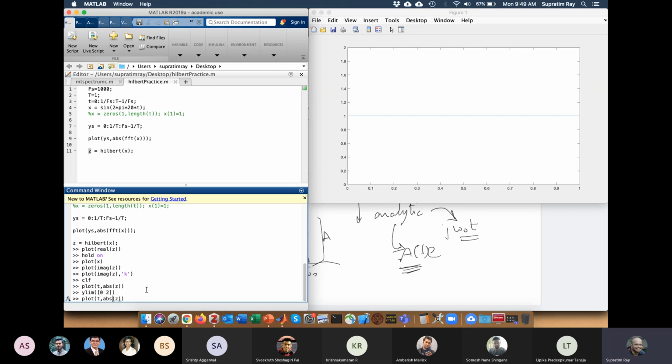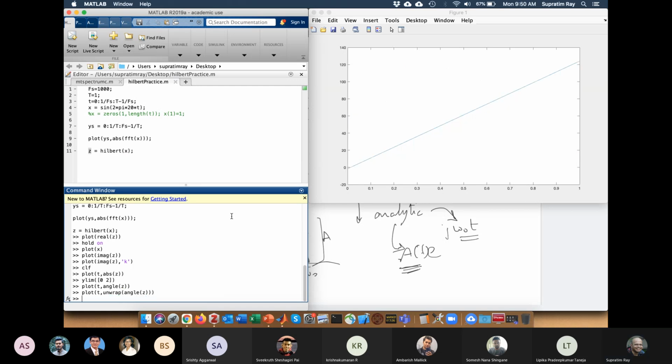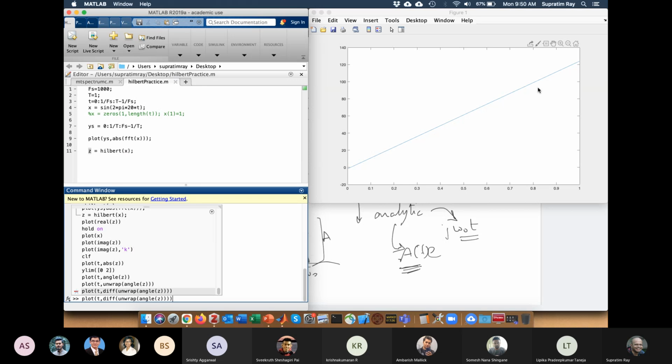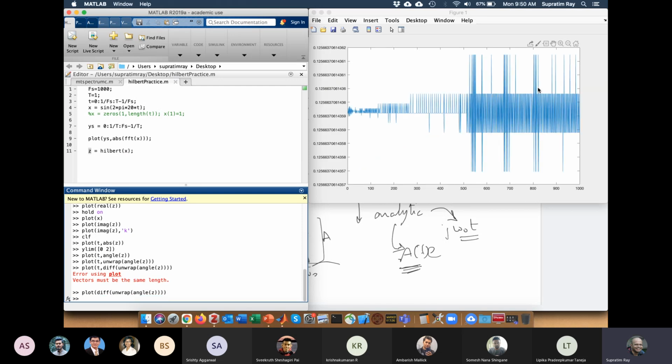And what's the phase of Z? It's this linear function. Okay, so it's changing between minus pi and pi. If I unwrap it, it will become completely unwrapped. It's a linear function. So the derivative of this, diff, so I'll just plot this.